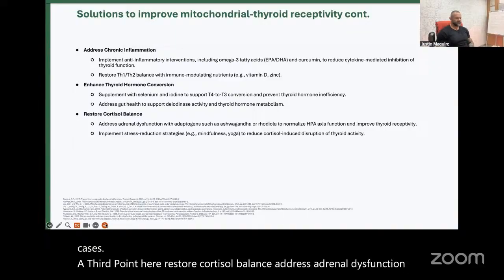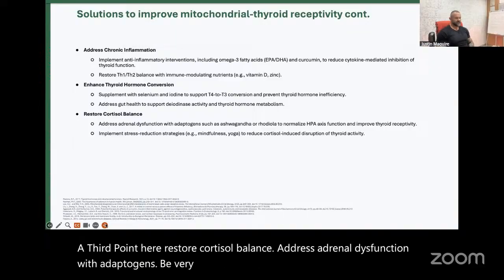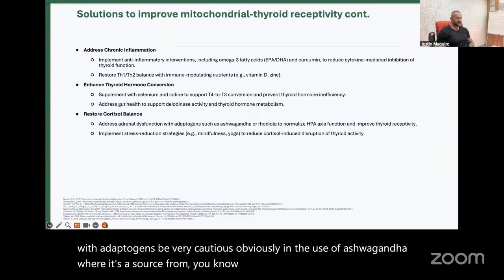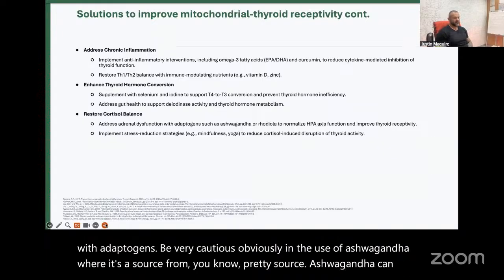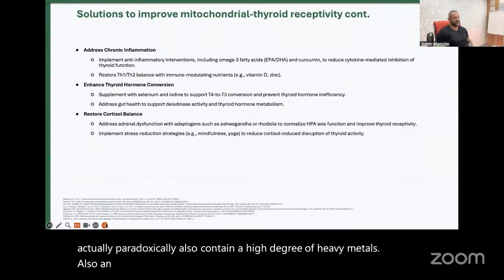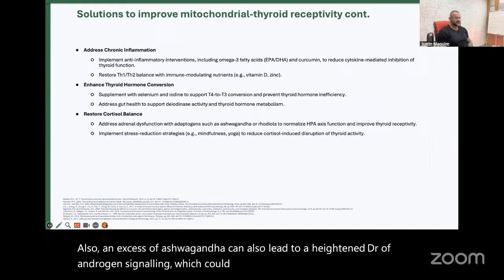Be very cautious, obviously, in the use of ashwagandha, where it's sourced from. Poorly sourced ashwagandha can actually paradoxically also contain a high degree of heavy metals. Also, an excess of ashwagandha can lead to a heightened drive of androgen signaling, which could be warranted in certain instances.